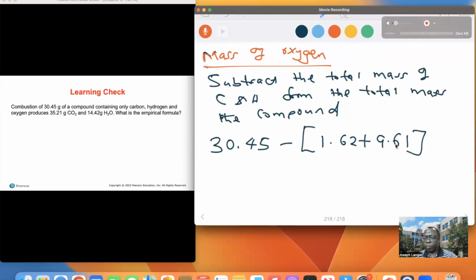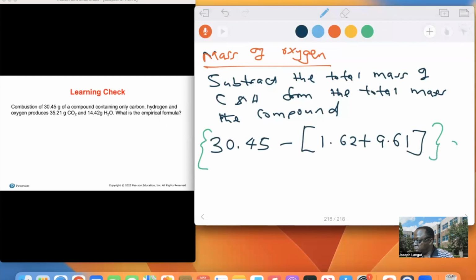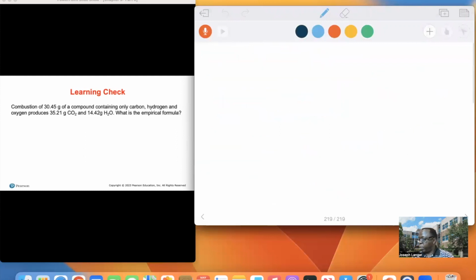This is the mass of carbon, and all of them will be in grams. This will be in grams. This turns out to be 19.22 grams of oxygen. So with all the masses of the elements we have, we can find the empirical formula.